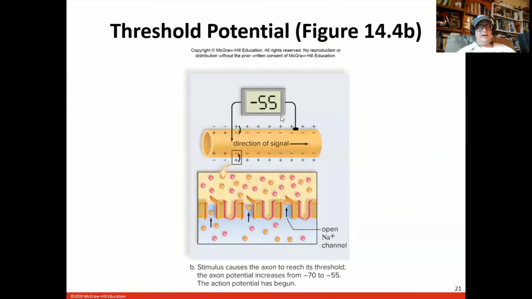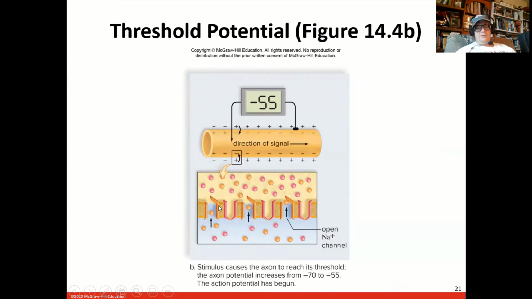So here we've got negative on the outside and positive on the inside. Here we still have the positive on the outside and the negative on the inside. In between those two, you can actually see the positive is rushing in.